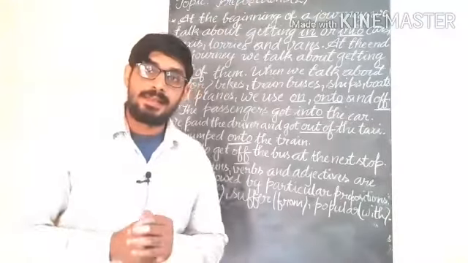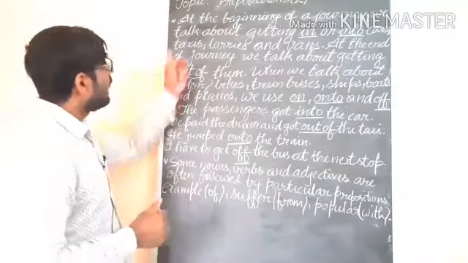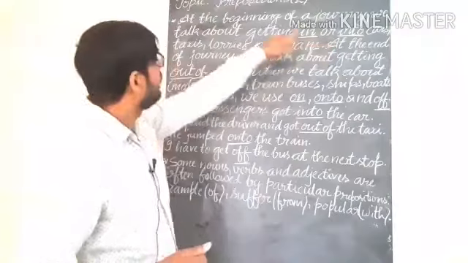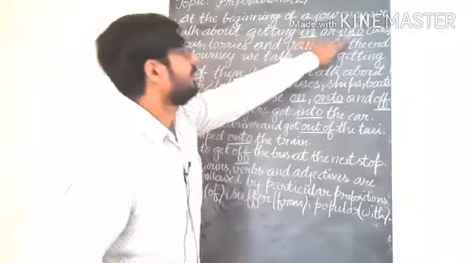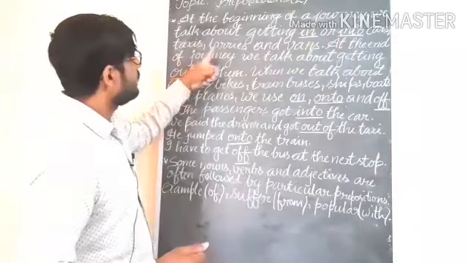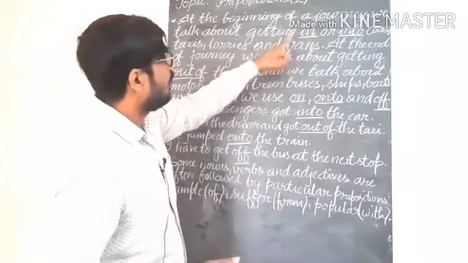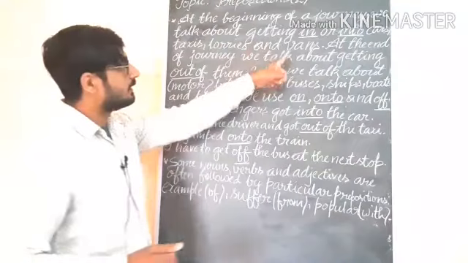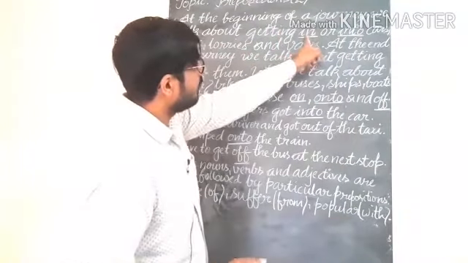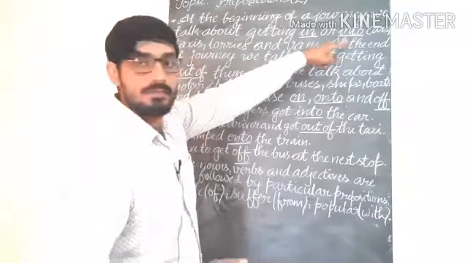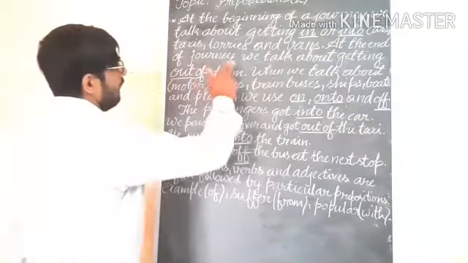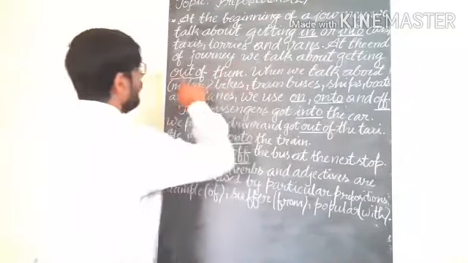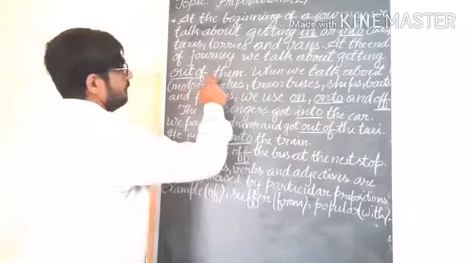Dear students, see here, at the beginning of a journey, we talk about getting in or into cars, taxis, lorries and vans. For cars, taxis, lorries and vans, we use getting in or into when we enter. At the end of a journey, we talk about getting out of them.